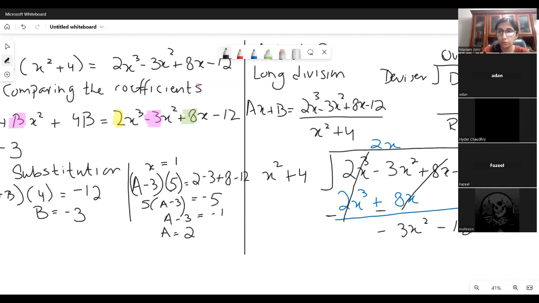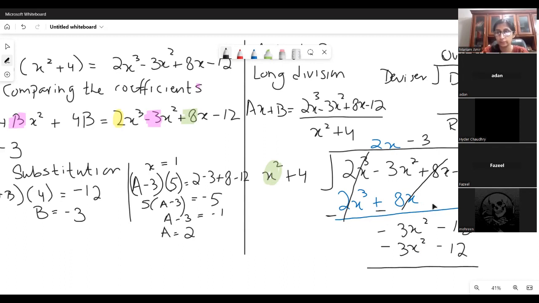Now what do I write here so that when I multiply that with x squared, I get minus 3x squared? Just minus 3. So you write minus 3 over here, so that when you multiply this with x squared, you get minus 3x squared, and the other one is minus 12.